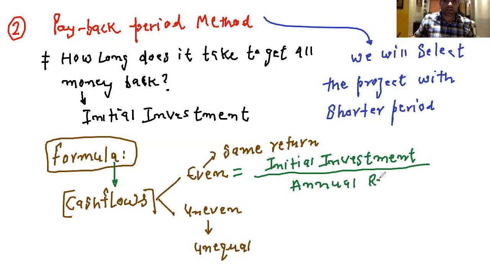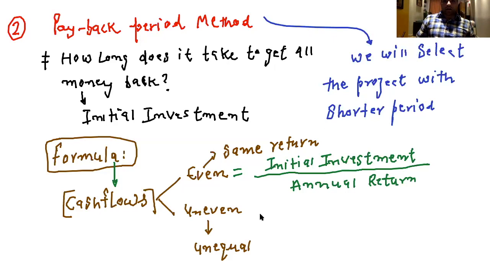You can also call it the average annual return if you want, right? The annual return is the return you're going to get every year, the same return. So if every year it's 1,000, you write 1,000. So this is the formula to calculate even cash flows, and whatever number you get will be a number in years, right?